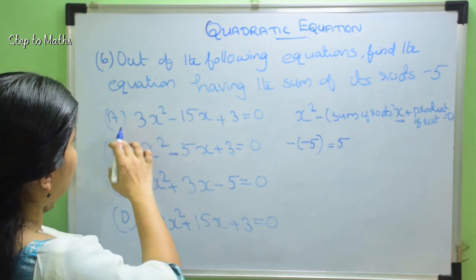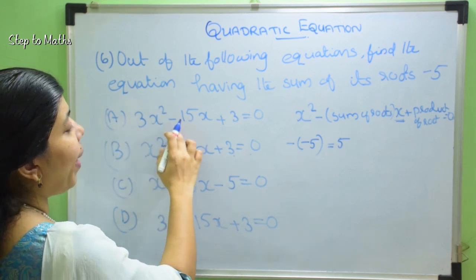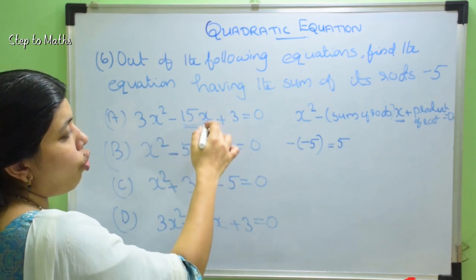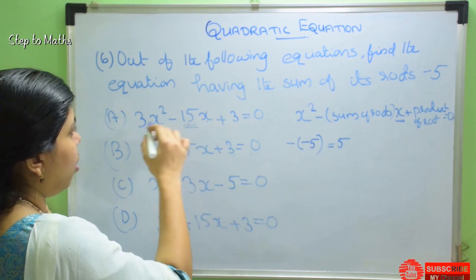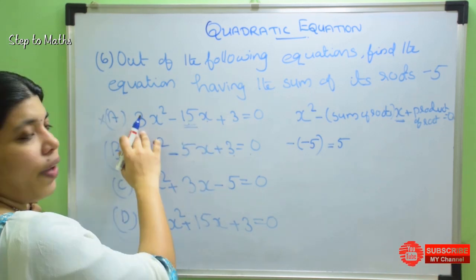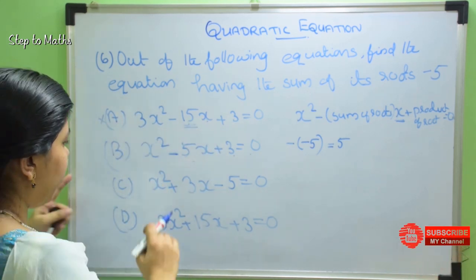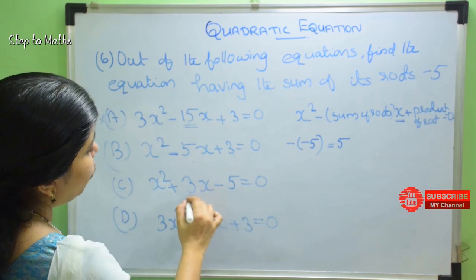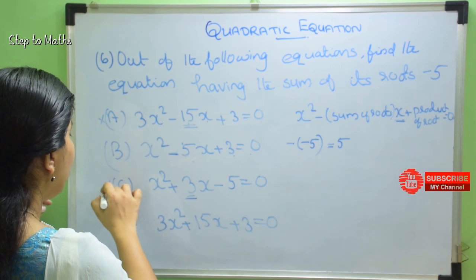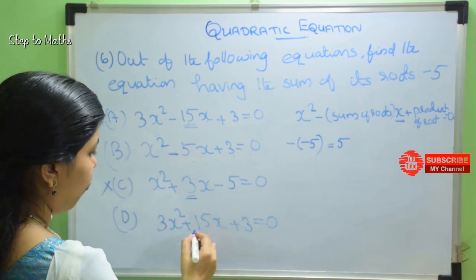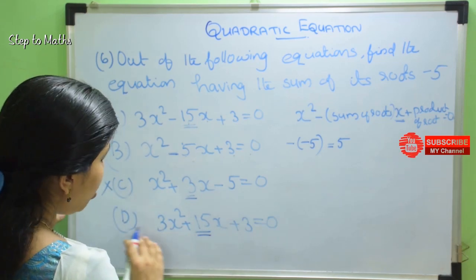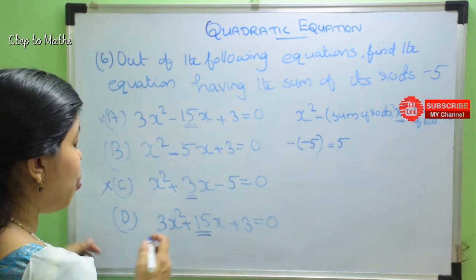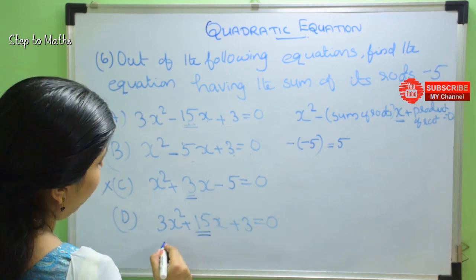The quadratic equation A, that is 3x square minus 15x. Here the coefficient of x is minus 15. So we can drop this option. And for option C, the coefficient of x is 3. So we can drop this option also. And option D, 3x square plus 15x plus 3 is equal to 0.